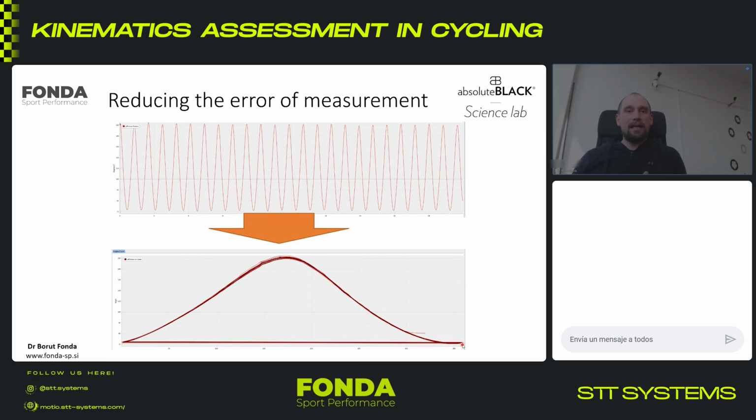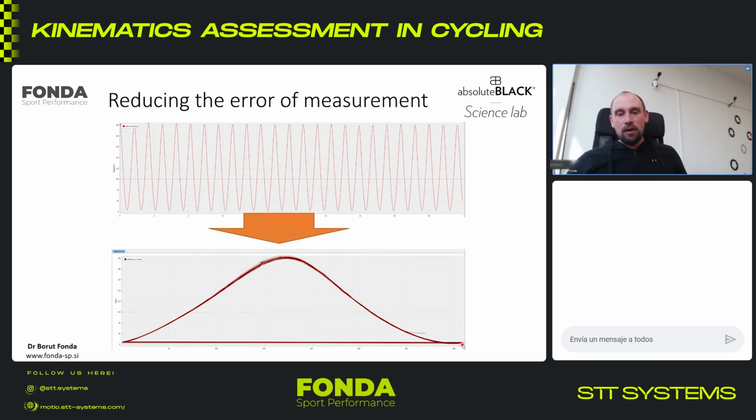So in cycling biomechanics, we're not plotting and we're not reading the data with respect to time, but we most often plot all the data and interpret the data with respect to the crank angle. And for crank angle, the best way is to go from the top dead center to bottom and back to the top. So 0 normally corresponds to the highest position when the crank is vertically pointed going upwards.